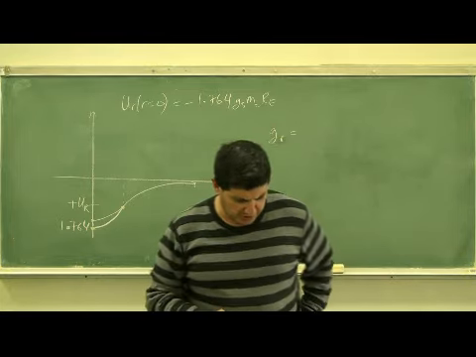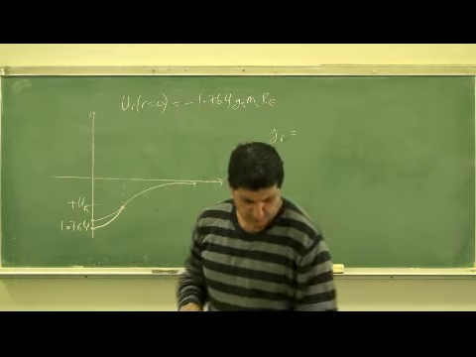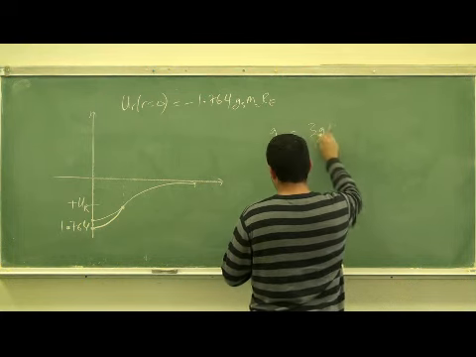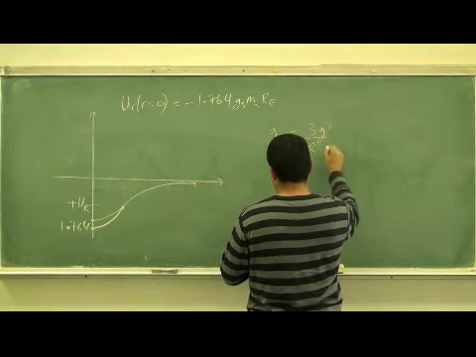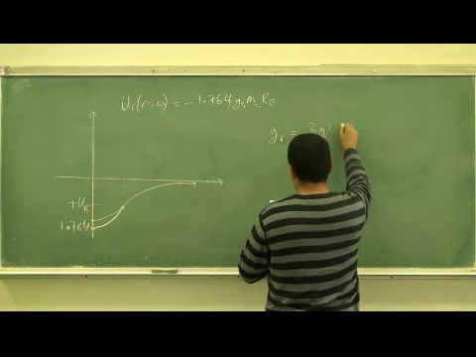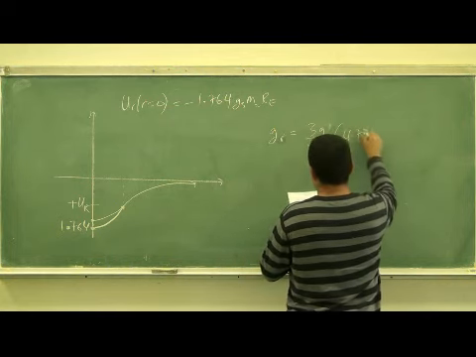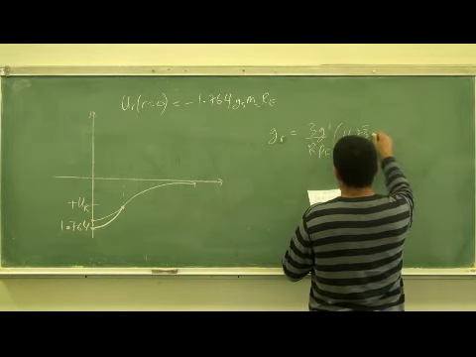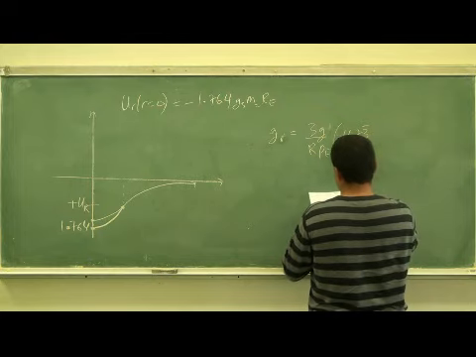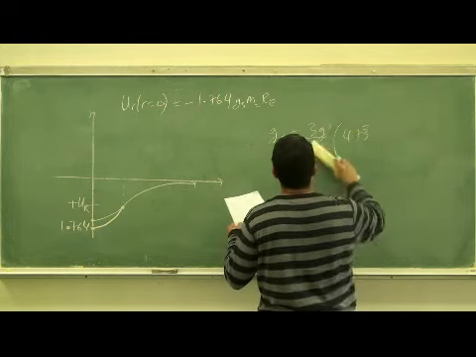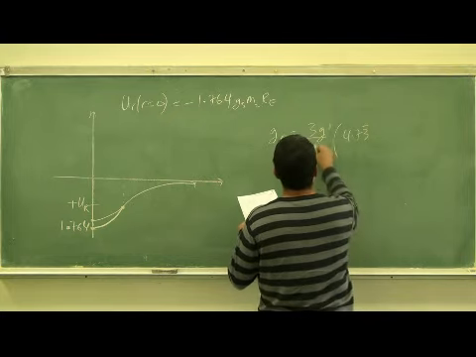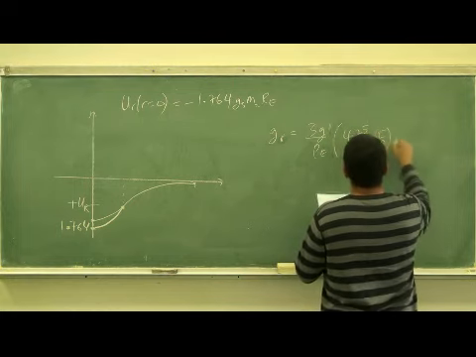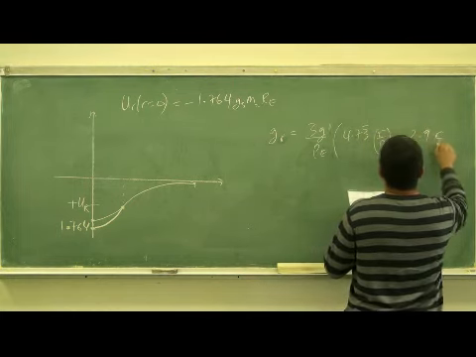We had some function looking like this. 3G over rho of E, 4.73 R over R, then we had minus 2.9 R over R squared.